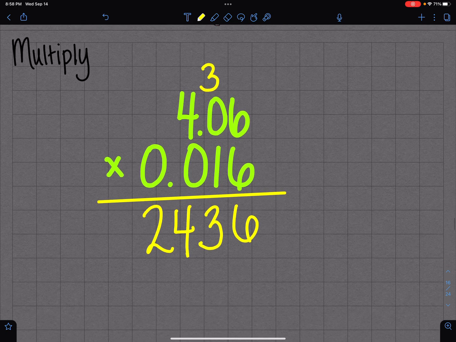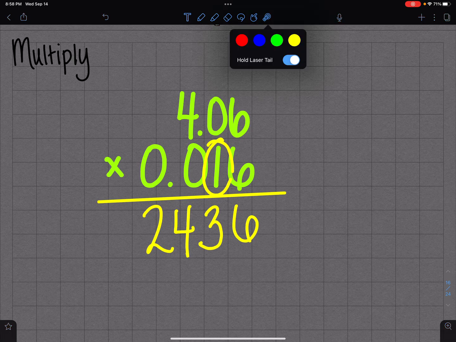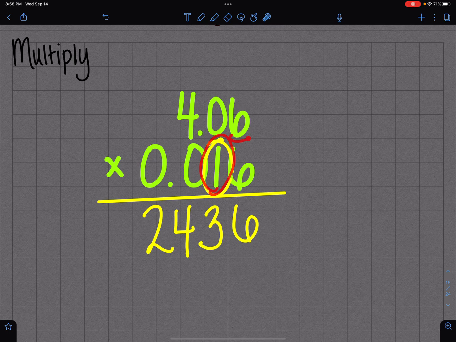Okay, now we have to go through and multiply everything by the 1. I'm just going to erase that so it doesn't get confusing, okay? So, let me get a different color too. So 1 times 6, okay, when we're doing the tens place, we put a 0 there.